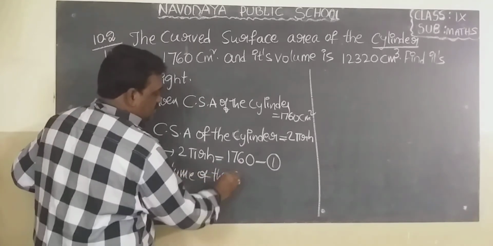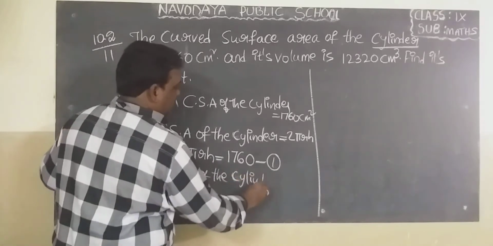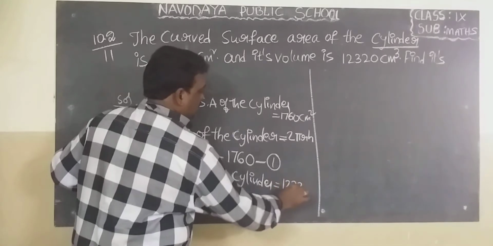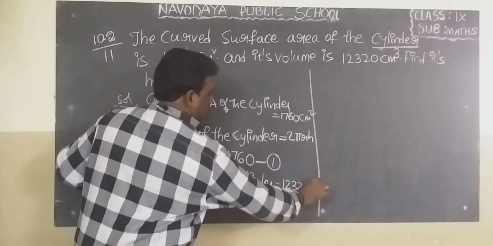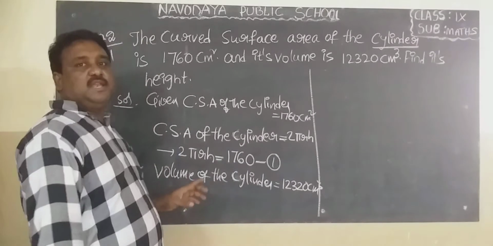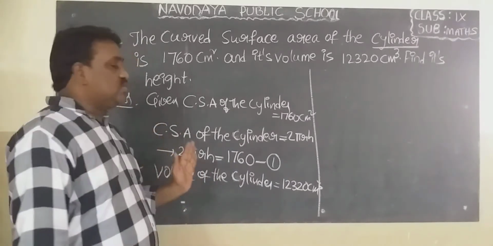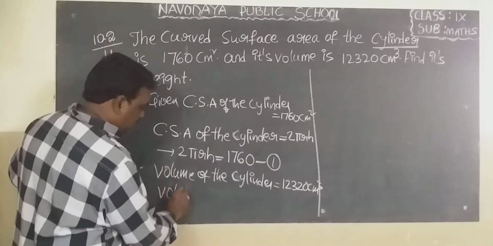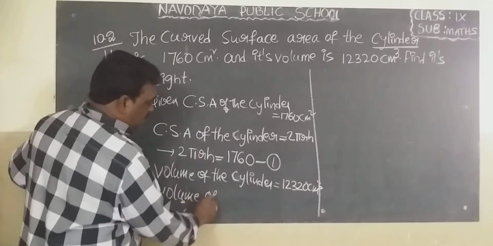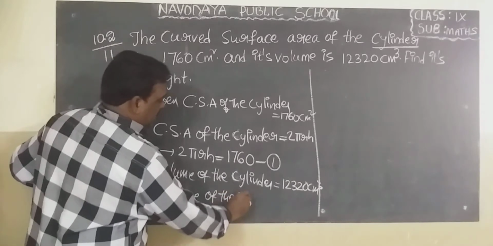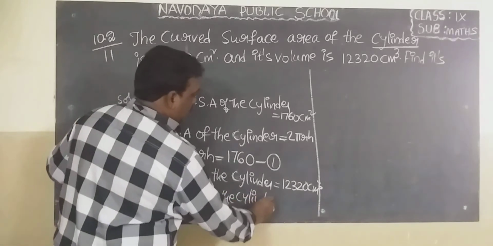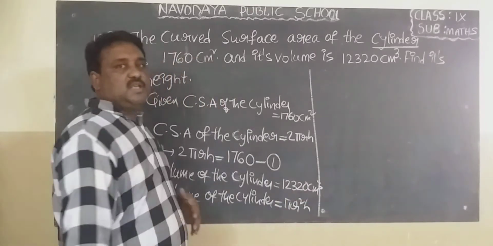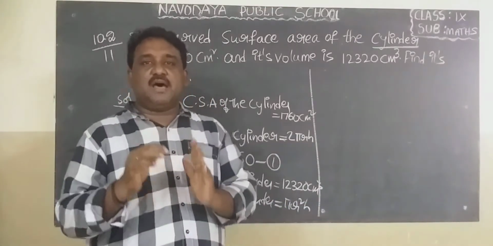Volume of the cylinder is 12320 centimeter cube. What is the volume of the cylinder formula? Volume of the cylinder equals pi r square h.